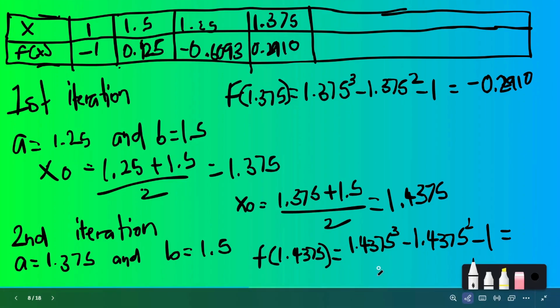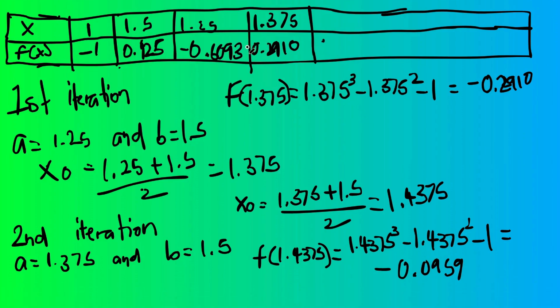So answer is negative 0.0959. So that's the answer. So 1.4375 and negative 0.0959 in the second iteration.